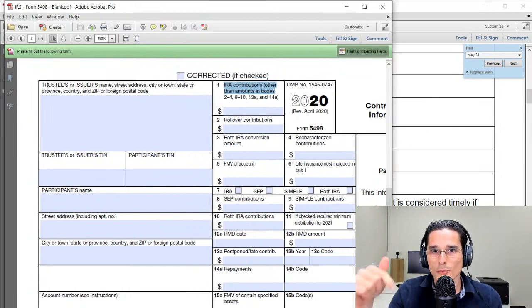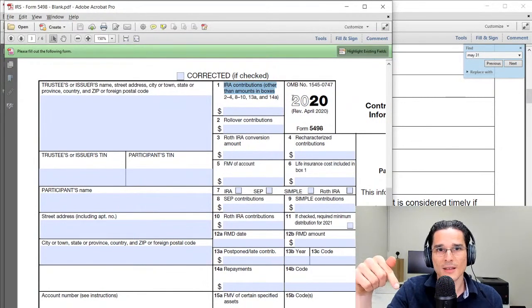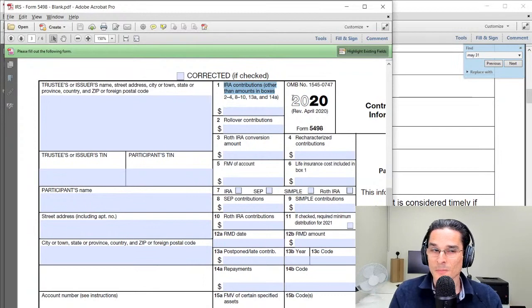Well, if you made that contribution in April of 2020, does that count for 2019? Does that count for 2020? Similarly, if you look at 5498, what's the deal?